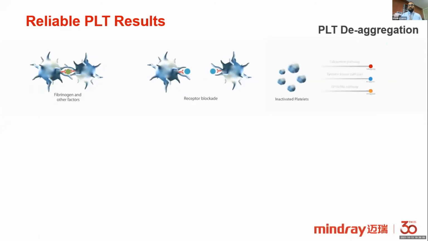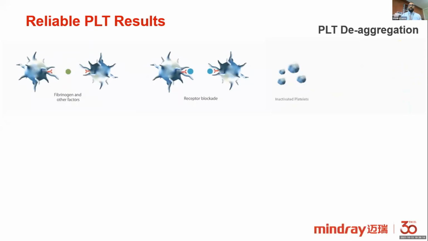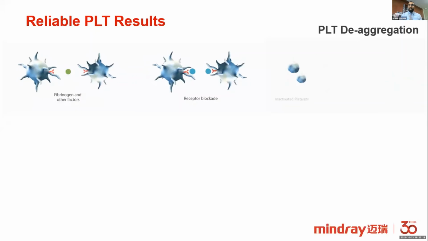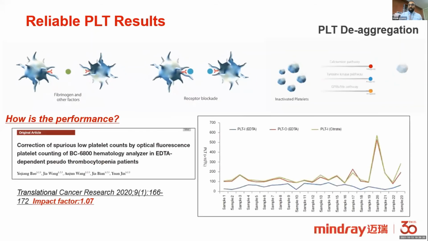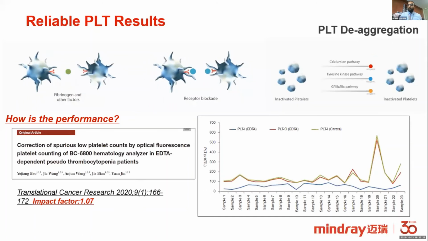By using this technology, we can disaggregate the platelets, and they cannot return and aggregate with each other. Using this technology, we can have accurate results, especially for aggregated samples.